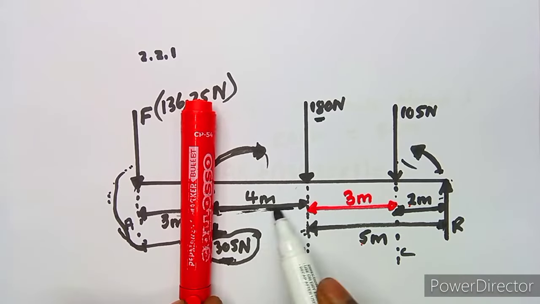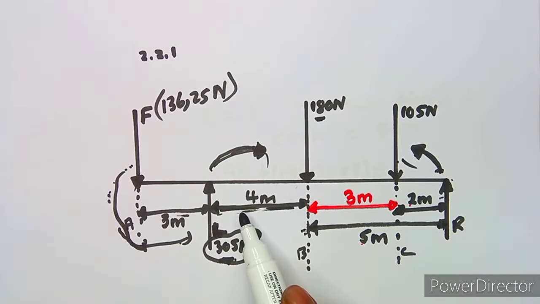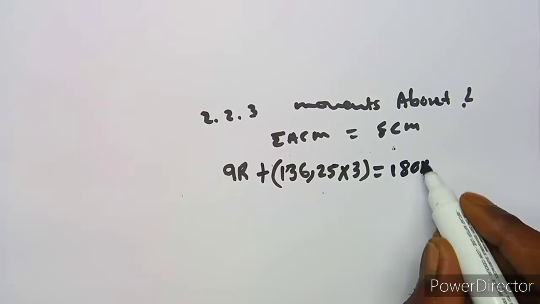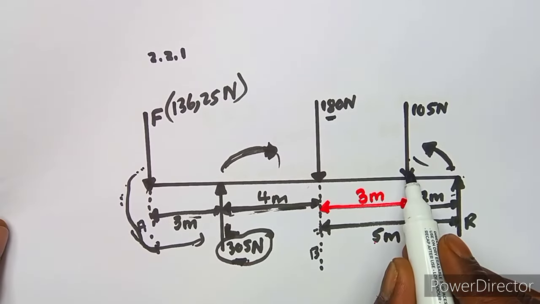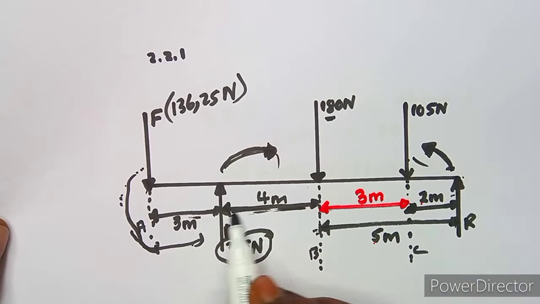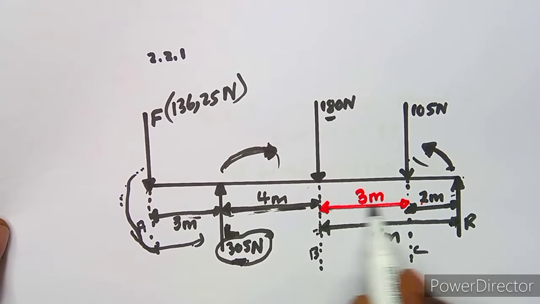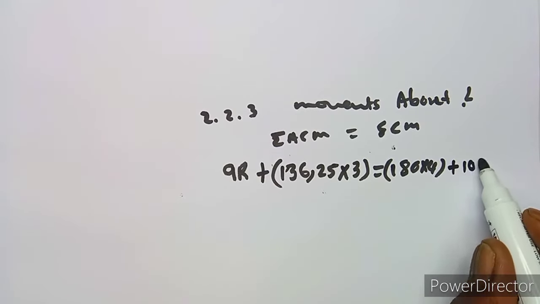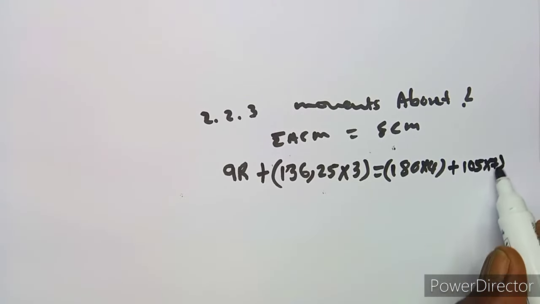Remember here we say there's a distance of 4 meters, so it's 180 times 4. Then we move on to this one, which is 105 times a distance here, it's 4 plus, remember there's 3 meters in between, so 4 plus 3, which is 7. So it's 105 times 7, like that.